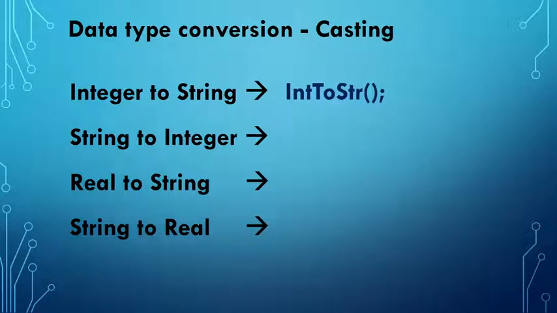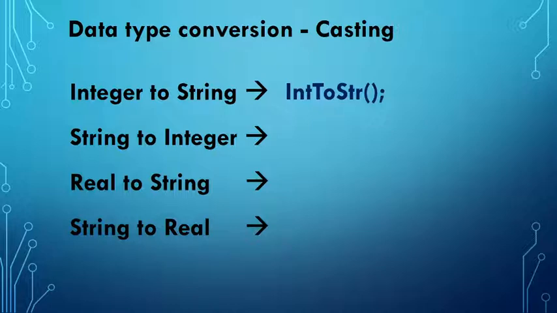IntToStr would be the function to convert this value. It is a function because IntToStr cannot just stand on its own. The value that we are converting goes into the brackets, and the result needs to be stored in either a variable that is of string data type, or a component that is of string data type, for example an edit or a label.